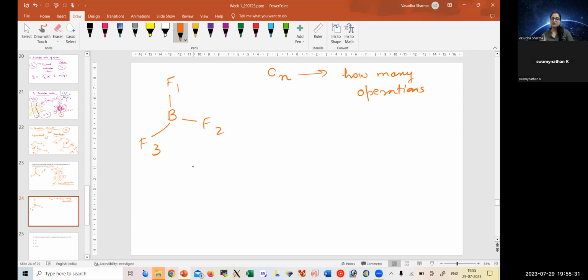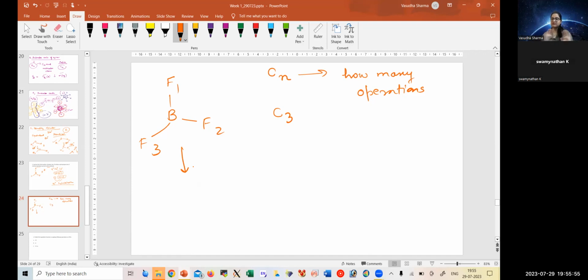Okay, that is clear. So this is where we have to understand that when I'm talking about the proper axis of symmetry operation, you just need to see whether that C axis is there or not. For example, we have taken this C3. We know that C3 exists in this BF3 molecule because after a 120-degree rotation, it gives an equivalent orientation. There is one more axis of rotation in this BF3.